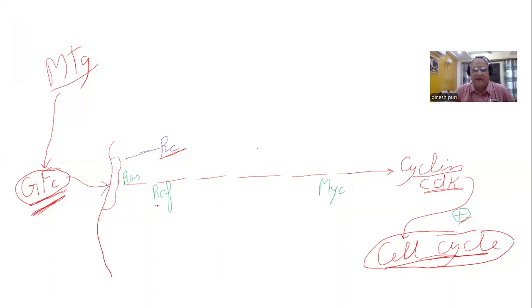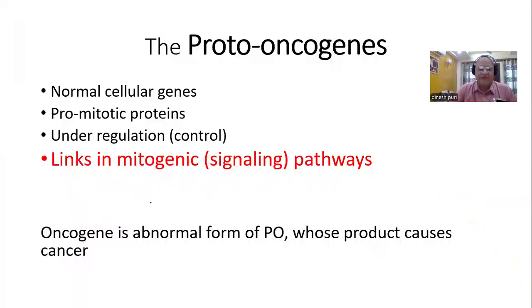So we will call RAF a proto-oncogene. RAS makes a number of others also. So these are all proto-oncogenes. So I think now, these are normal cellular genes, and what are they? Links in the mitogenic signaling pathway. And they are under regulation.